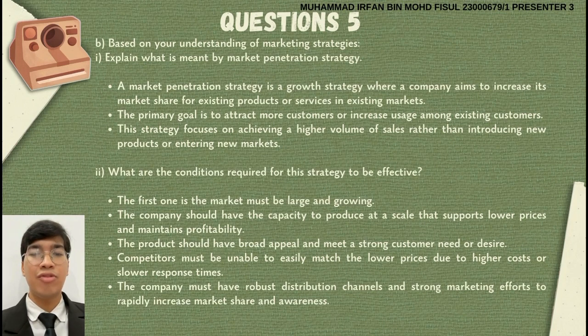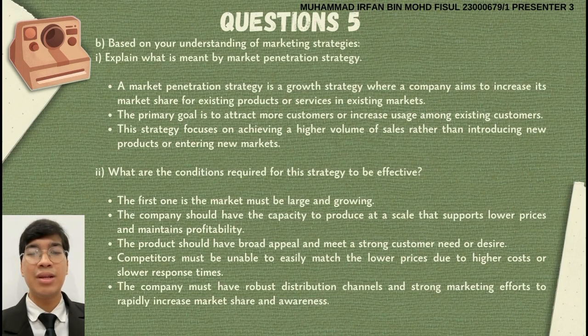For a market penetration strategy to be effective, several conditions need to be met. The first one is the market must be large and growing, allowing room for increased sales volume. The company should have the capacity to produce at a scale that supports lower prices and maintains profitability. The product should have broad appeal and meet a strong customer need or desire.